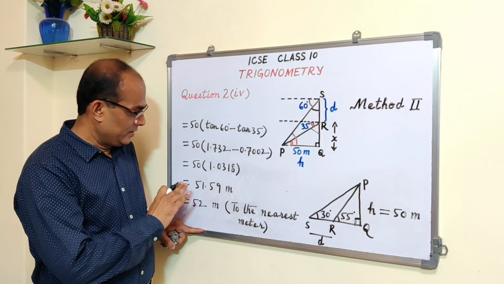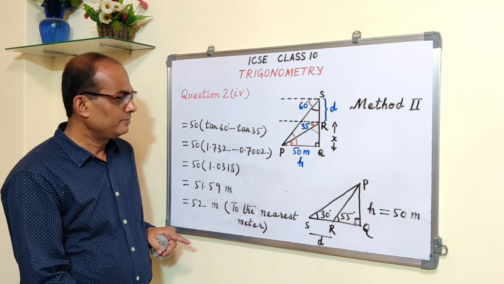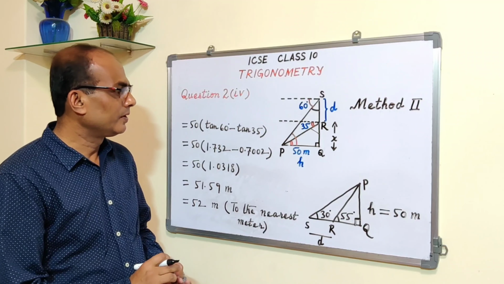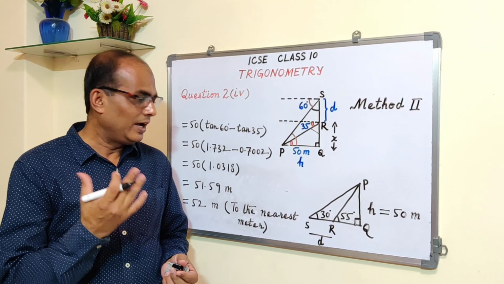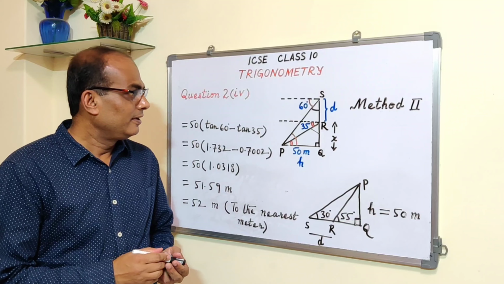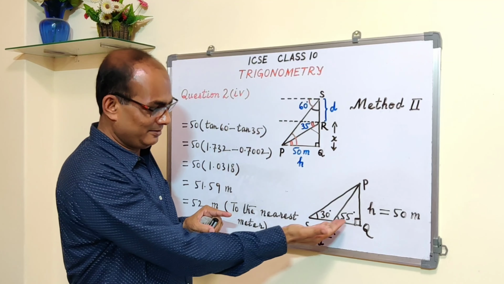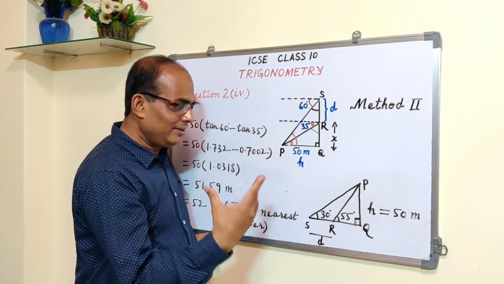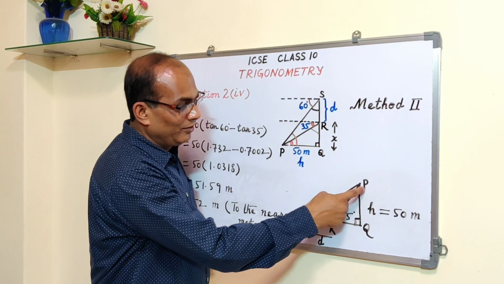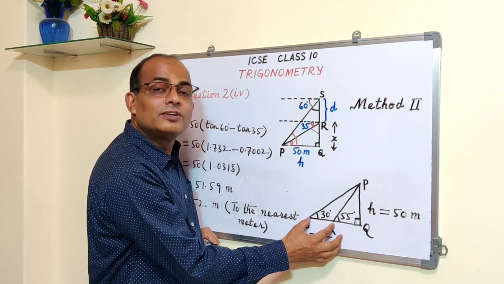I hope things are very, very clear. I hope I explained everything. So now you have to do a lot of practice. You can draw this on a piece of paper and then rotate it and see. This is the case in other situations also, when there is a building or a pole, and there are two stones.